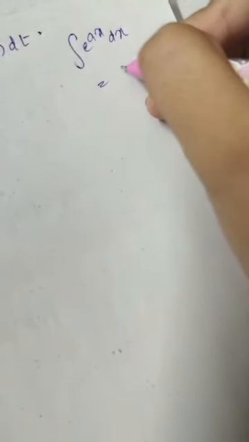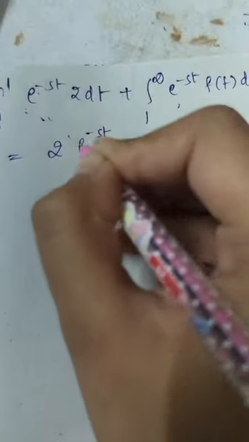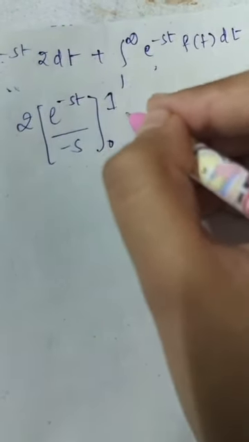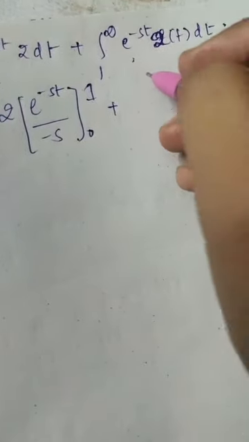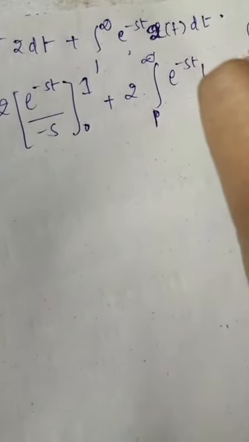Now where a is equal to minus s, what happens is e power minus st by minus s from 0 to 1. Done. Then here f of t is 2t, so we will take 2 outside this one, 1 to infinity e power minus st t dt.